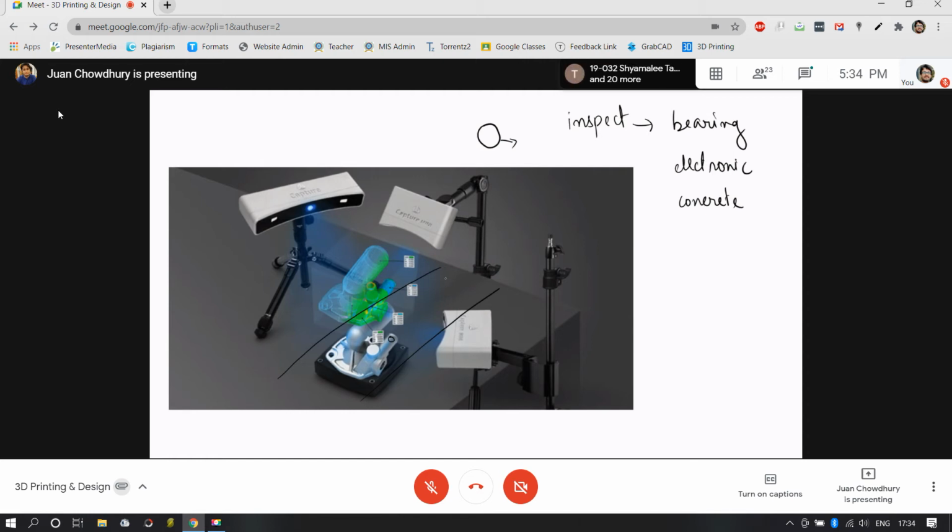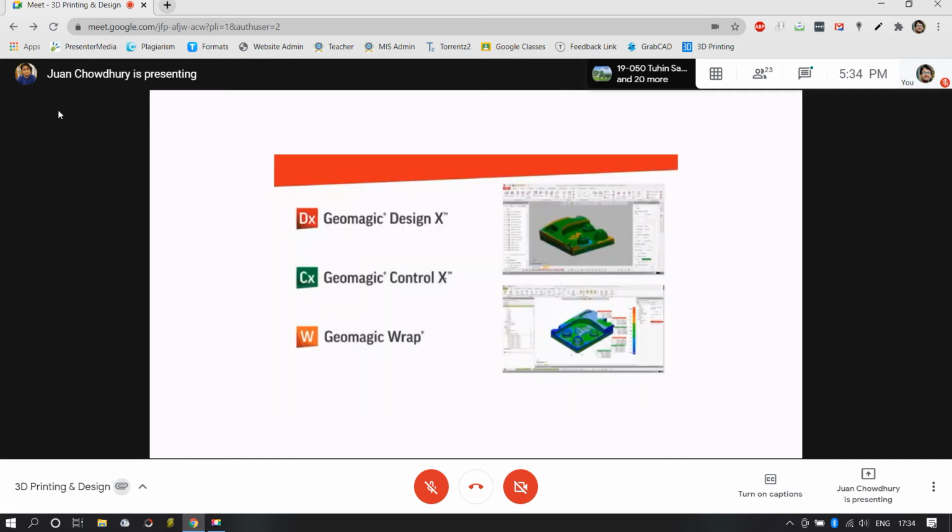Okay, so the softwares that come with it are Geomagic Design X, Geomagic Control X, Geomagic Wrap. These two are not available perhaps because I was not trained on them. I was given a demo of Geomagic Design X. So we will continue.